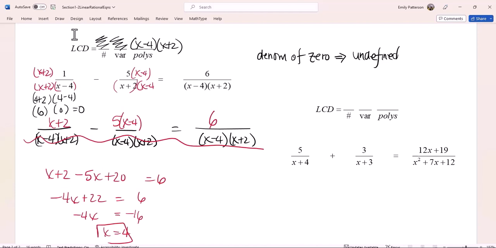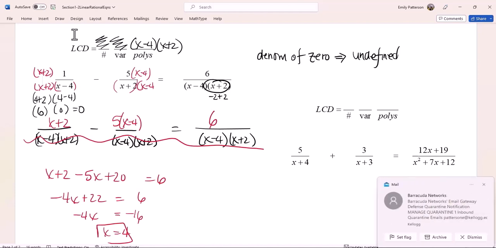So if x was, for example, in this one, if x was 4, then 4 minus 4 makes that 0, and 0 times anything would still be 0. The other one that's problematic, think what value would make this binomial 0, this one right here. Well, hopefully you know it's -2 would make that 0. So if I ended up with an answer of -2, this would also be problematic.